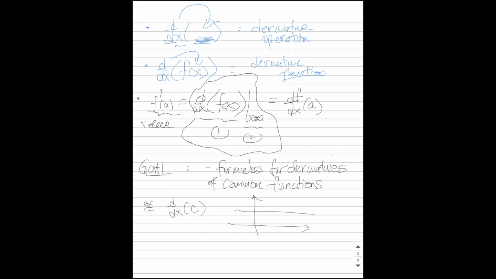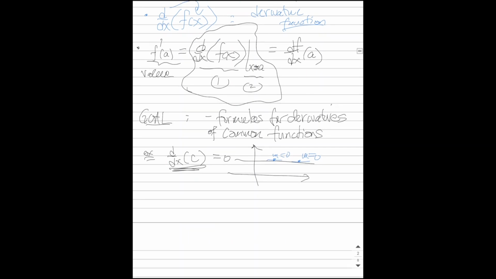So when we say this notation right here, we say, what is the rate of change of a constant function? Or what is the rate of change of a function that never changes? Or even another way of thinking of it, what is the slope of a function that has a horizontal line? So you should be able to see this derivative is 0. There is no change in a function that never changes.